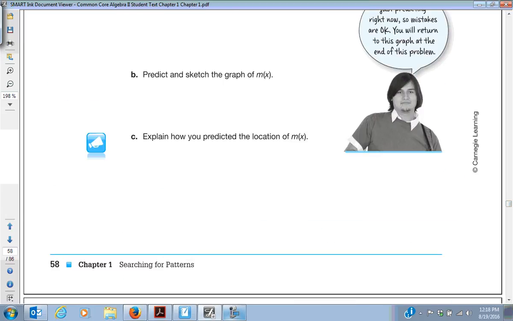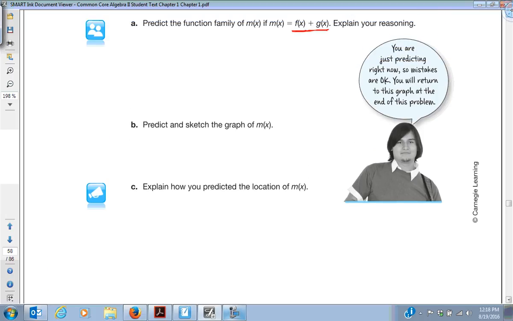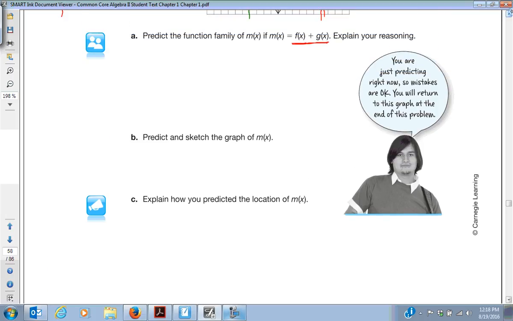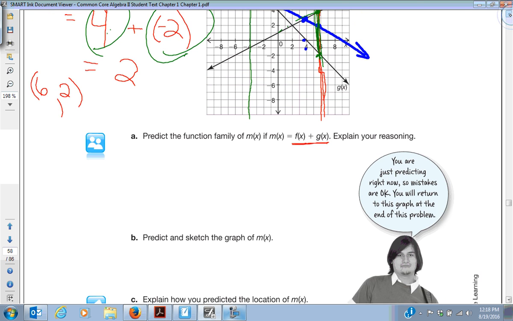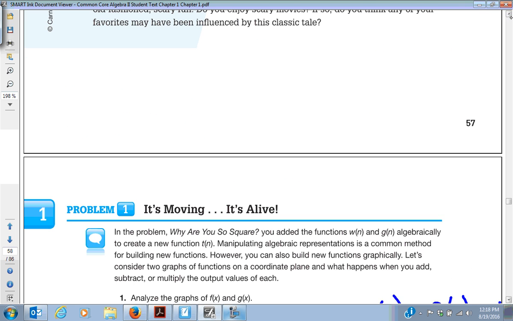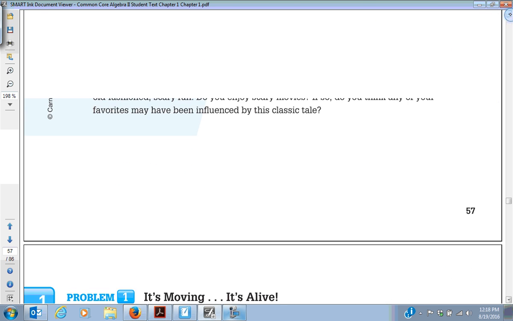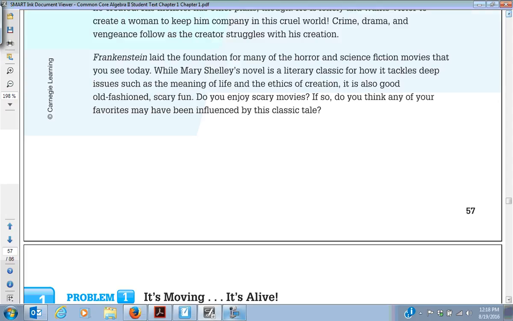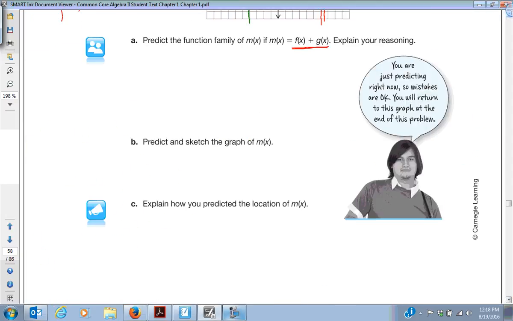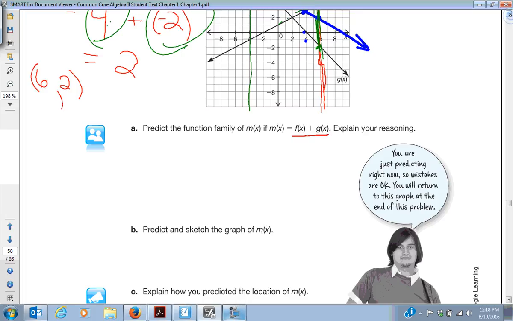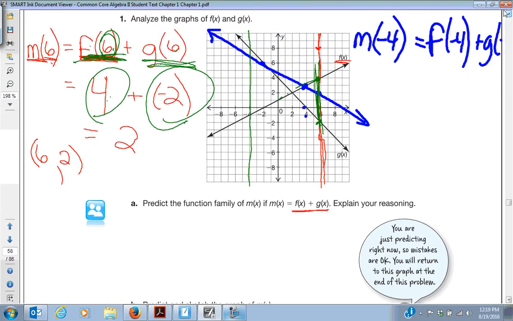Okay. There we go. So it should be negative 4 there.